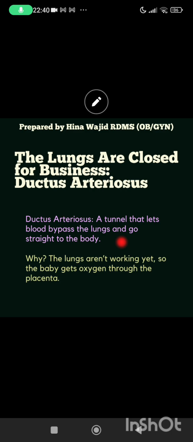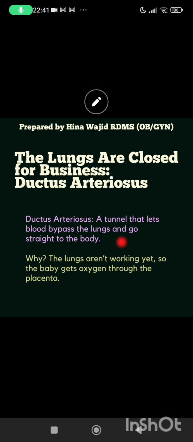Normally from the right ventricle, blood goes to the pulmonary vessels and to the lungs, but we have to avoid it. So after blood leaves the right ventricle, there is a need for another shortcut, that is the ductus arteriosus, which connects the pulmonary artery, which normally sends blood to the lungs.